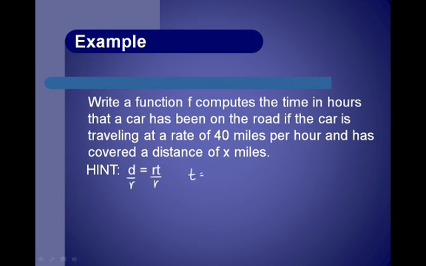So t is distance over rate. So for our problem, f of x is going to be the time, the distance is x, and the rate is 40 miles per hour. So this is a formula for any number of miles. We should be able to calculate the time that it will take us to go that number of miles.